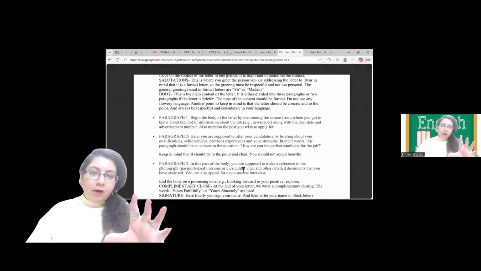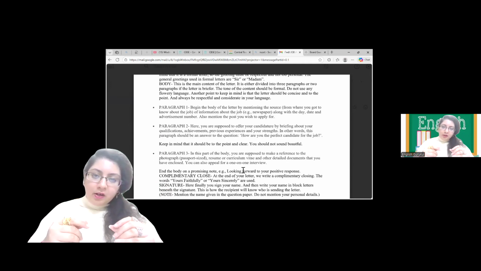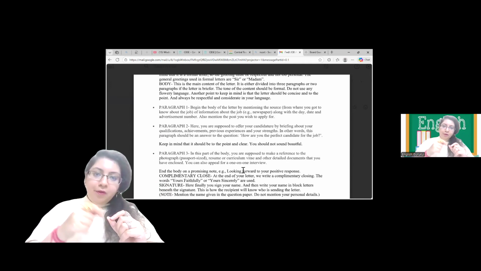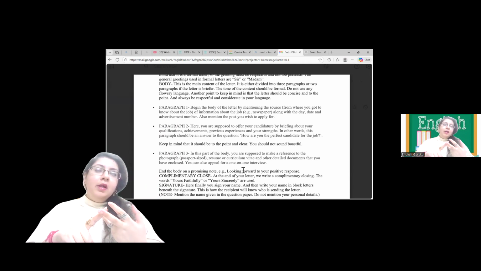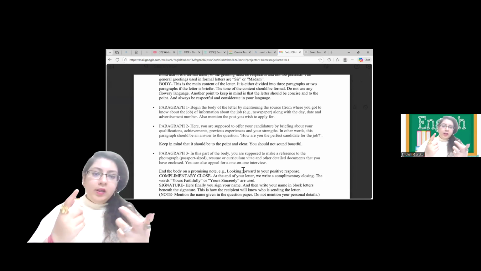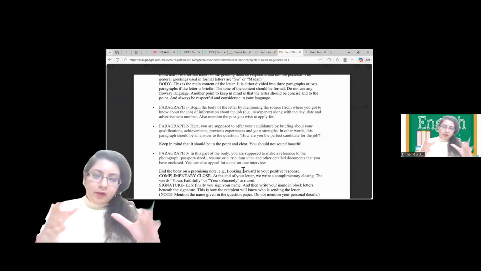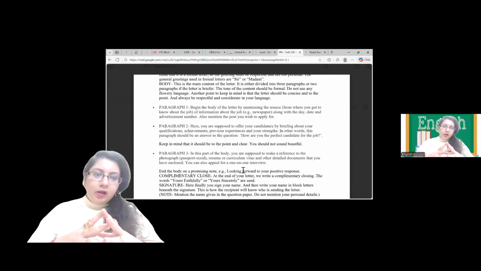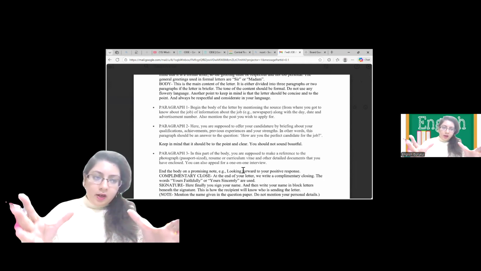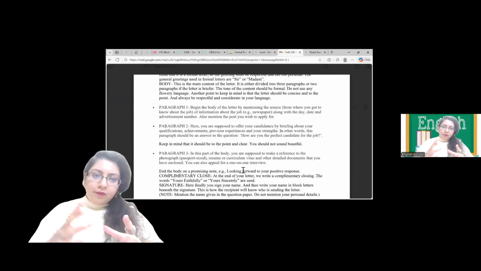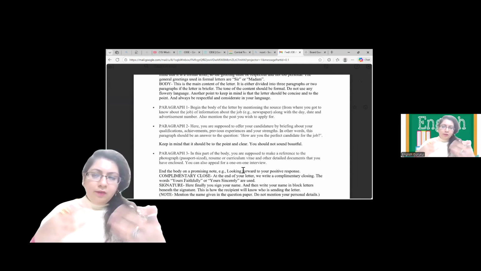Then we come to paragraph 1. You have to begin the body of the letter by mentioning the source from where you got to know about the job. It could be the Times of India, the Hindustan Times, Navbharat, Dainik Jagran, or any other newspaper, or any advertisement, or any website.